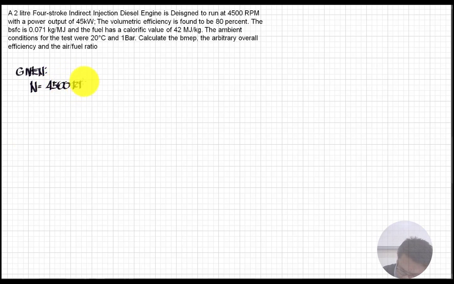So that will be your RPM. Then we have your power output, which is 45 kilowatt. So that is already the brake power. So we have your brake power given already. So this is your brake work, which will be equal to 45 kilowatt.